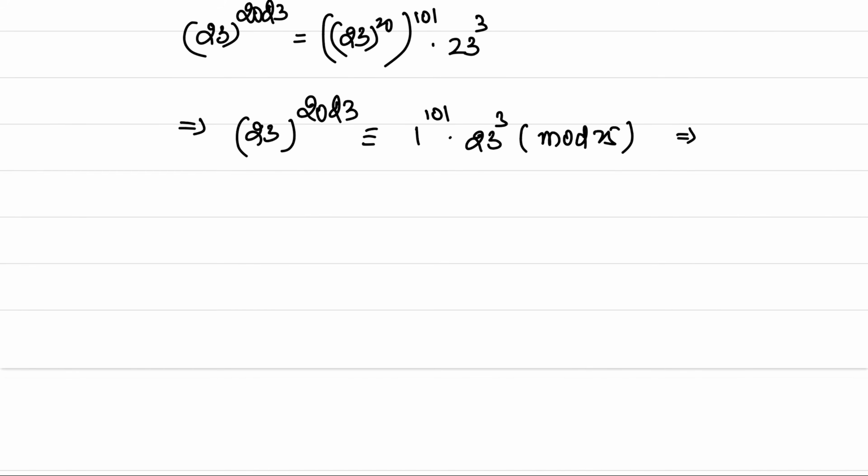This implies 23 to the power of 2023 is equivalent to 23 cubed mod 25.